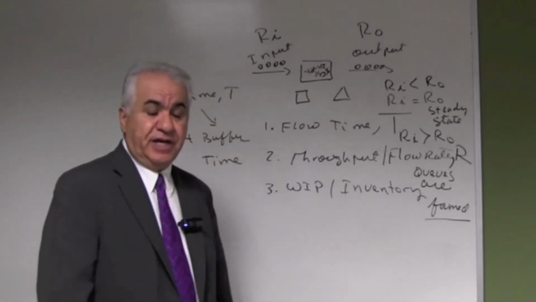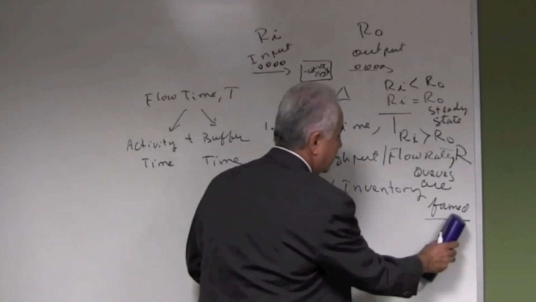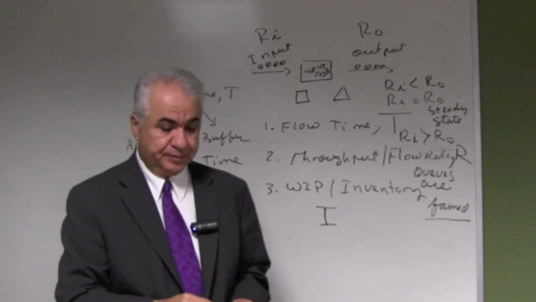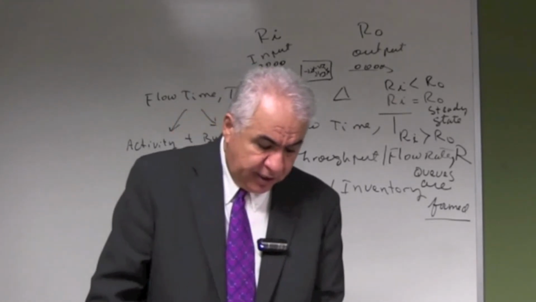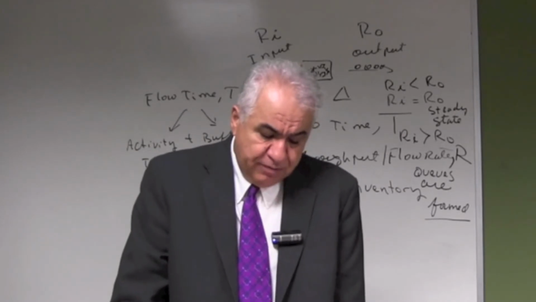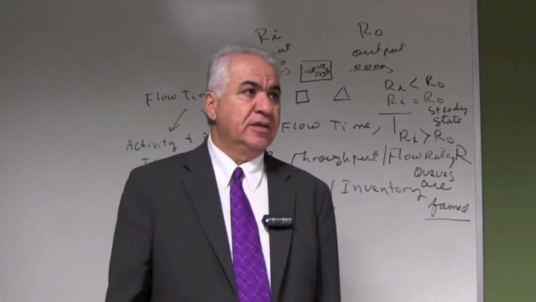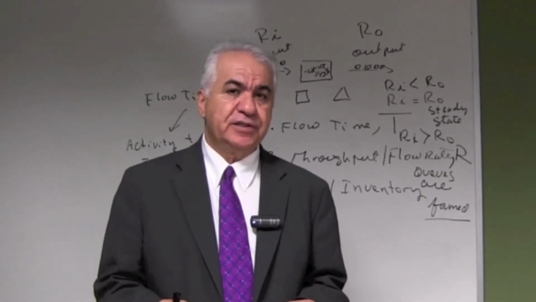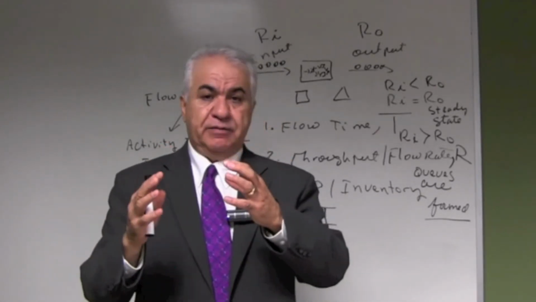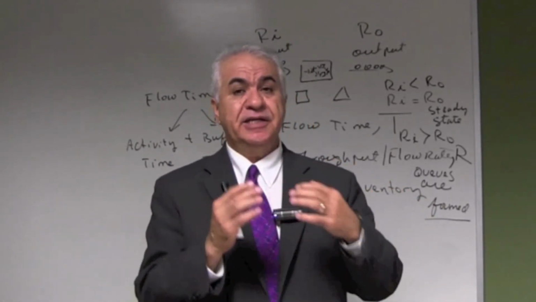The third process measure is what is known as inventory, and we designate the letter I for the inventory. The inventory is a reference to the total number of flow units present within the process boundary. We may have several steps or activities in a process, and there may be flow units at each activity.